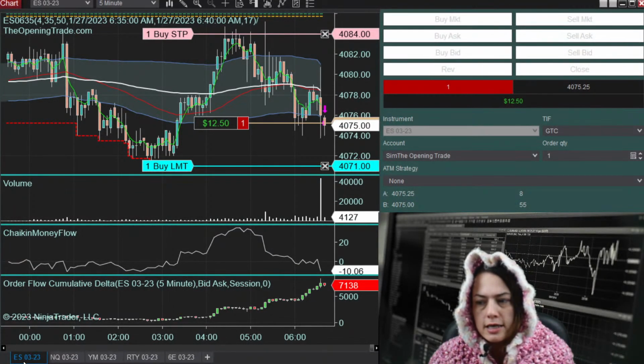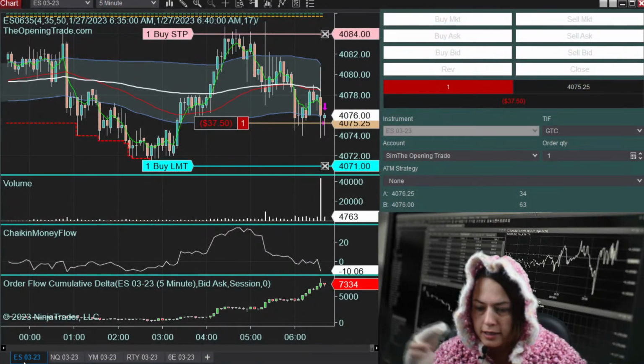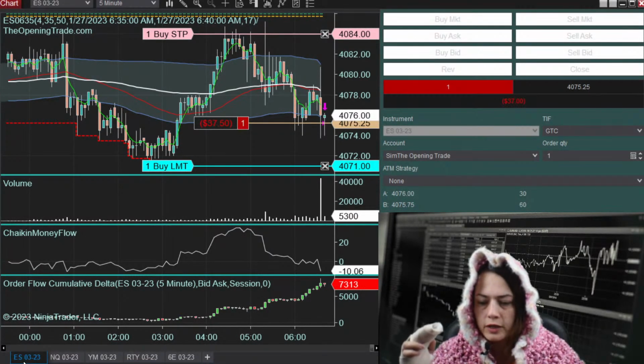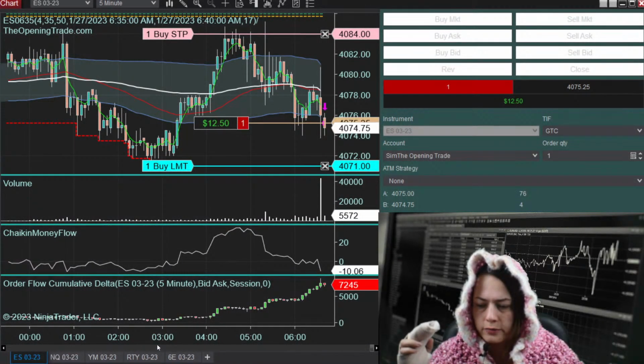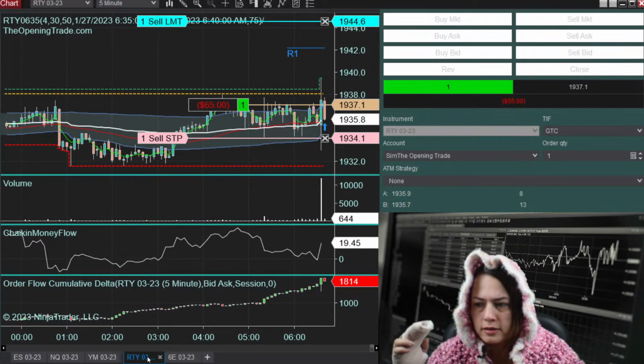But we did see an automated trade fire off on the ES, which is the S&P 500, and then we are in an automated trade right now on the Russell 2000 futures.